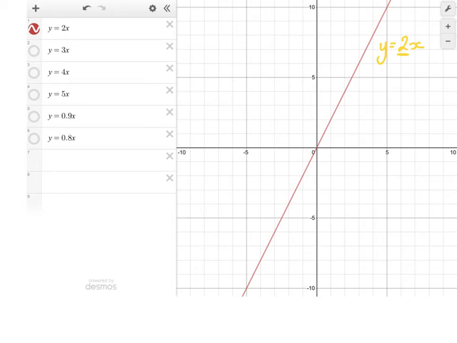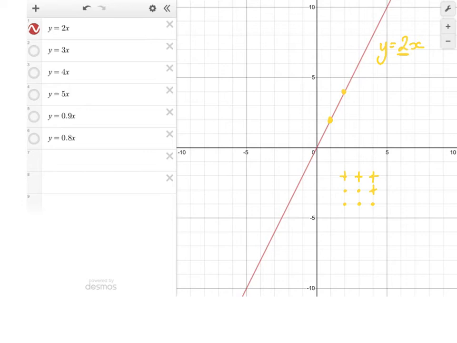Now, remember when we were finding the gradient and I said to you, think about where the line crosses over like these wee dots, okay? So, it's thinking about where the red line crosses over points like this. So there's one here and there's another one here.